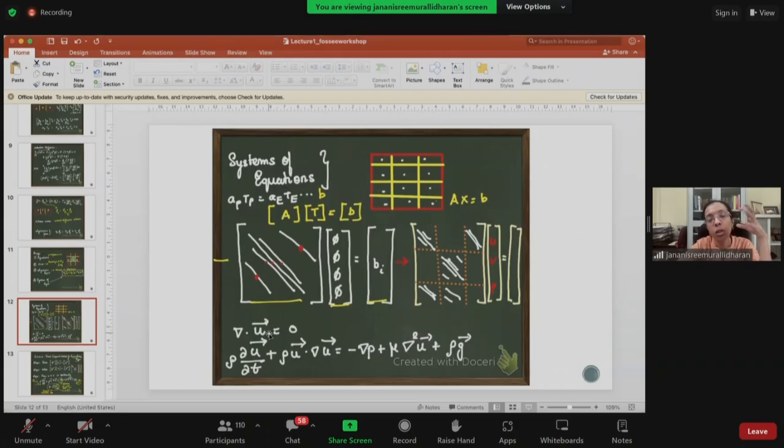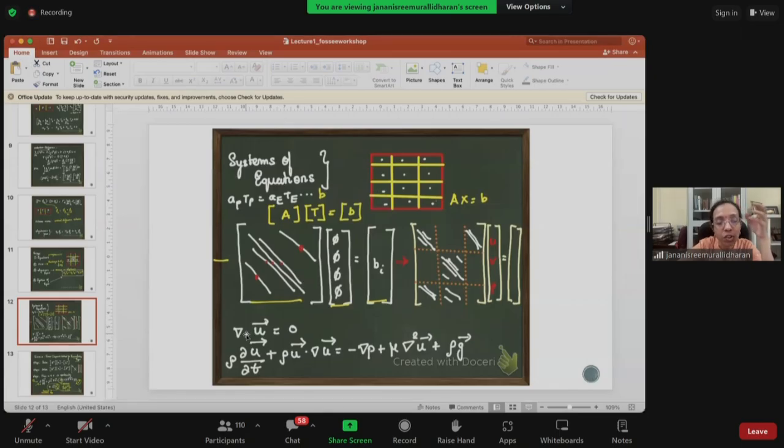Initially it will not have an equation with the pressure term, but it will rewrite the continuity in terms of pressure. So then you will have 4 equations, 1 for pressure and 3 for velocity.